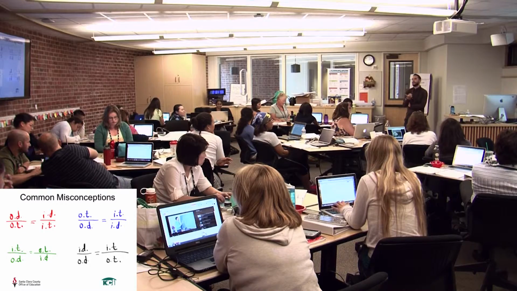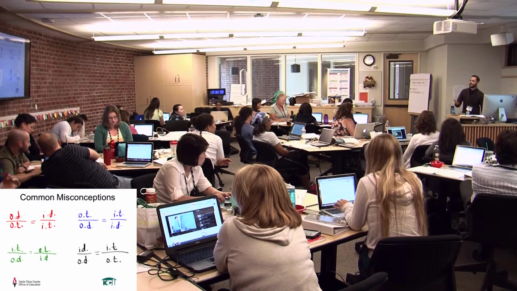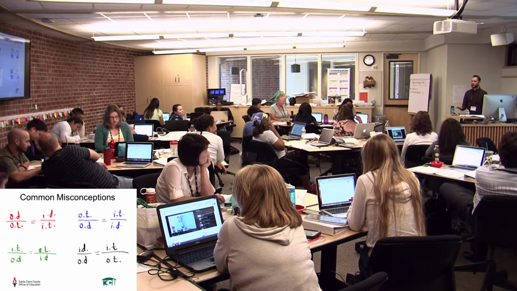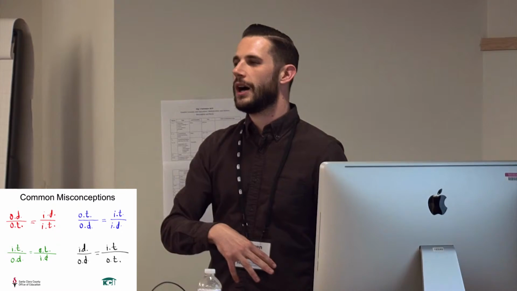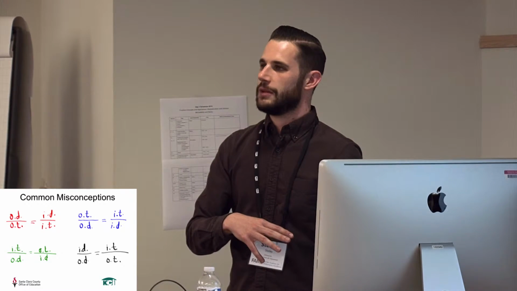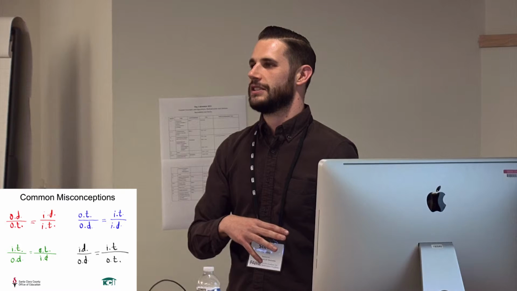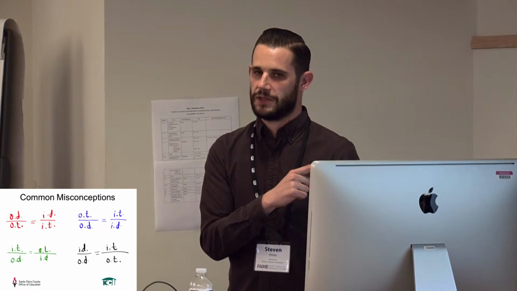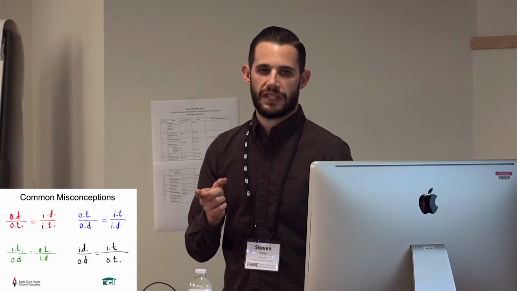My point in all of this follow-up is that if we set up a strong contextual background, the stuff we did this morning with all those models, talking about the meaning behind these calculations, that's going to help us avoid the green misconception, which I heard a lot of people say they see students making.